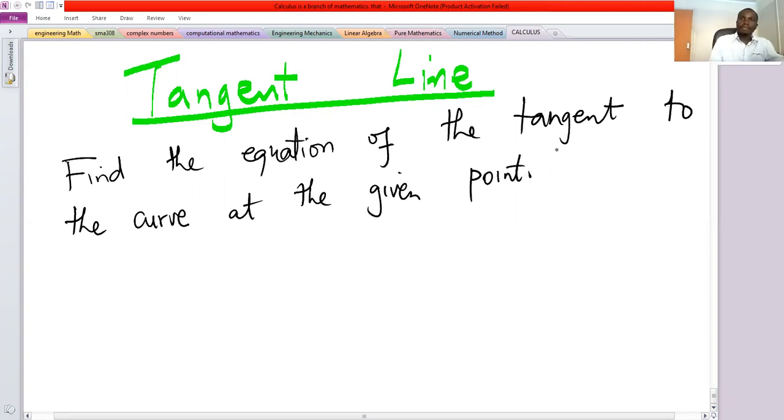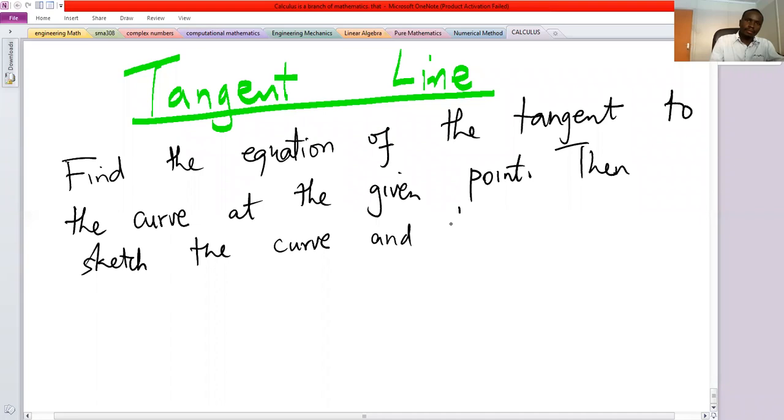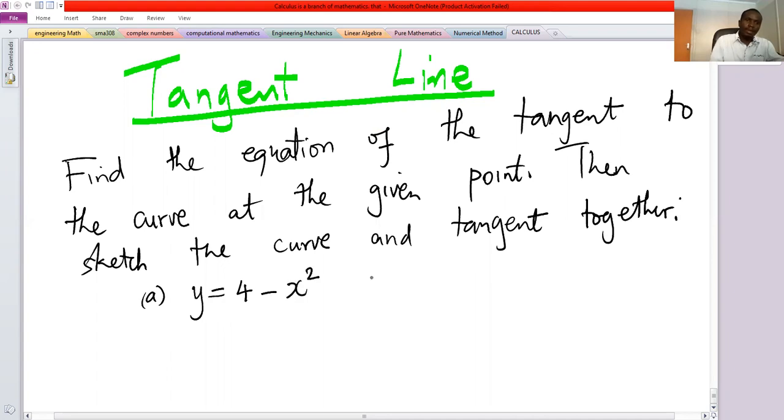Then sketch the graph and tangent together. So there are three parts. A is y equals 4 minus x squared, and then minus 1, 3 is a point.